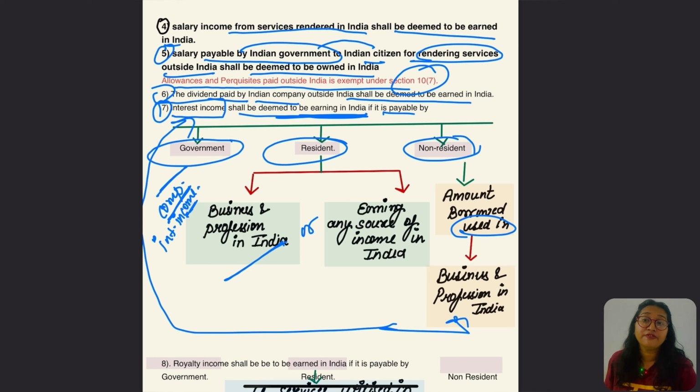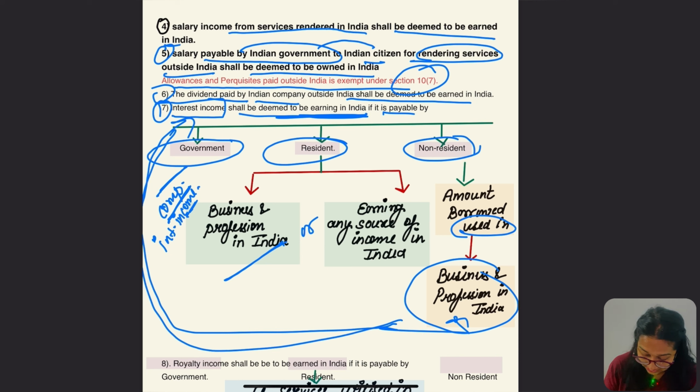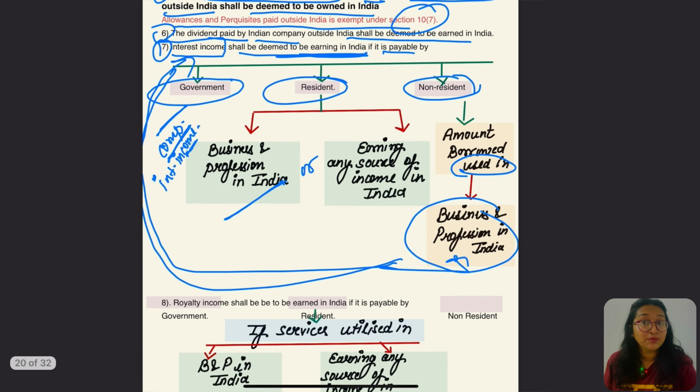For non-resident, if the non-resident has borrowed an amount and used that borrowed amount for business and profession in India, and from that the interest income arises, that interest income would be deemed to be earned in India.